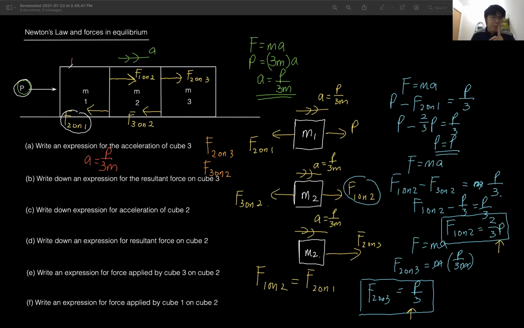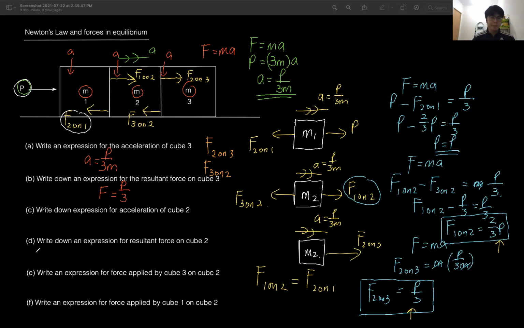Because every object has the same acceleration and the same mass, if you use F equals to ma, they have the same resultant force. So the resultant force on cube 3, F equals to P over 3.